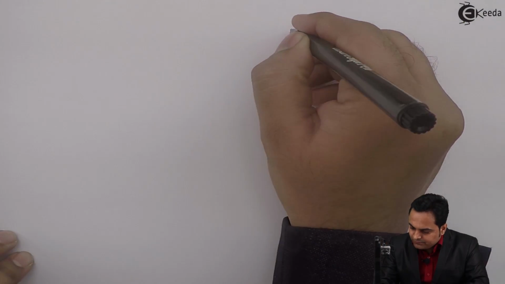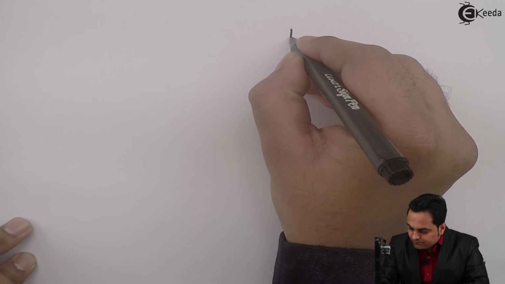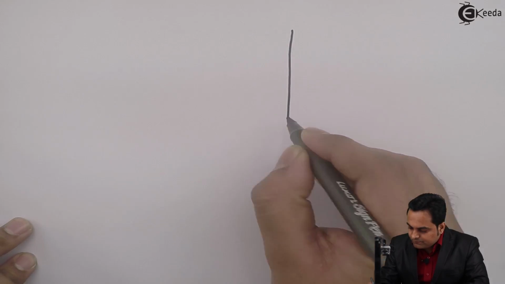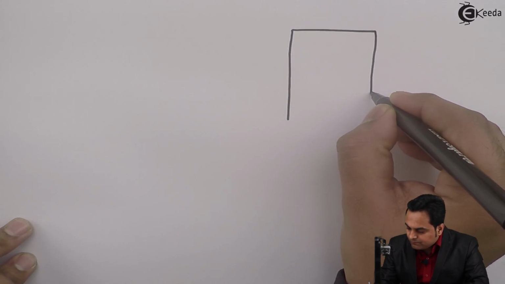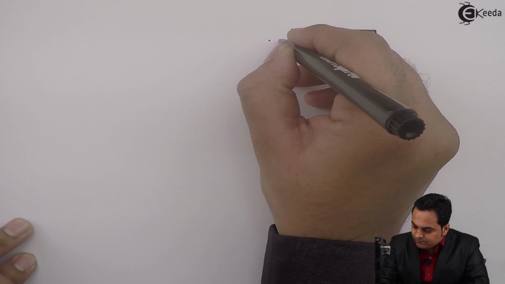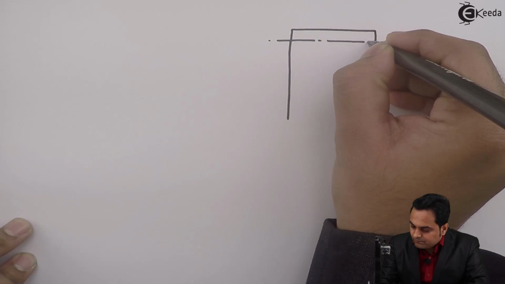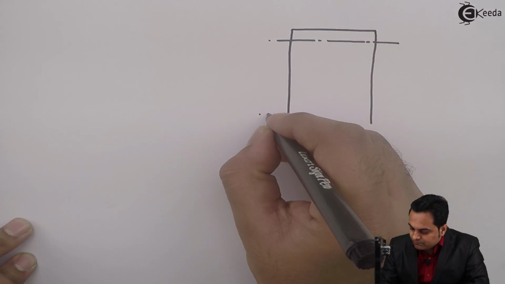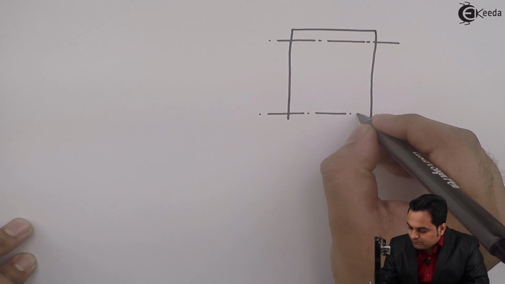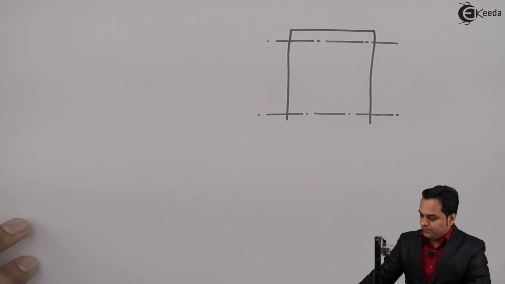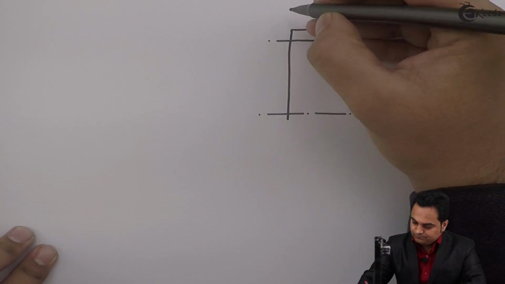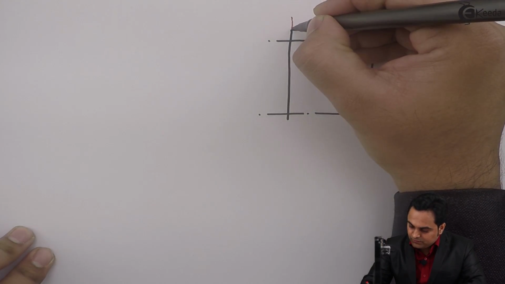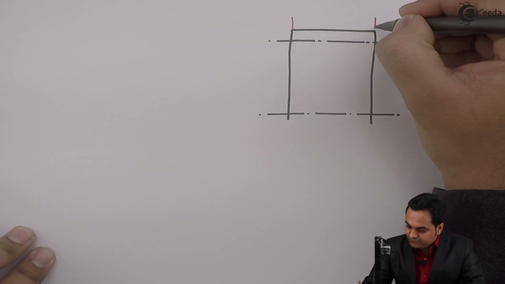Here I draw the diagram of that cylinder. Now here I'll mark the diameter of the cylinder.